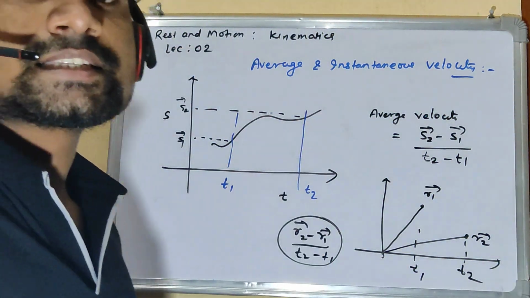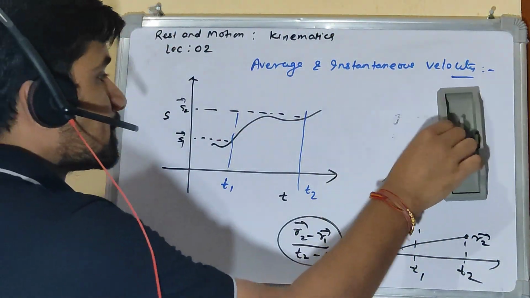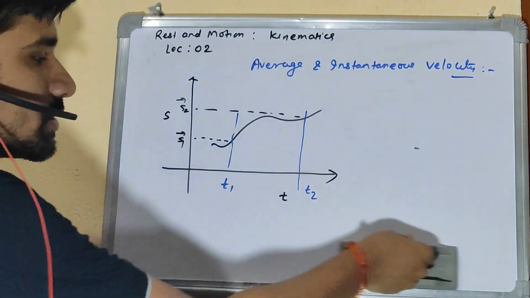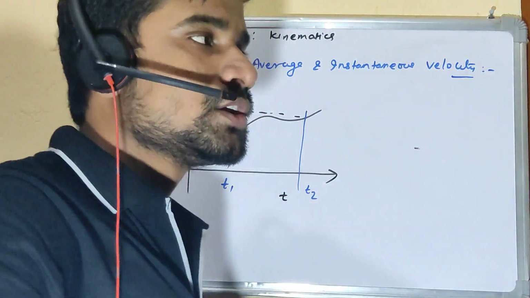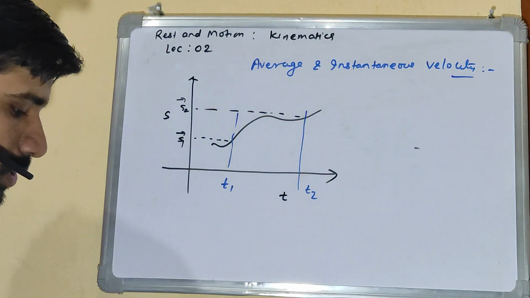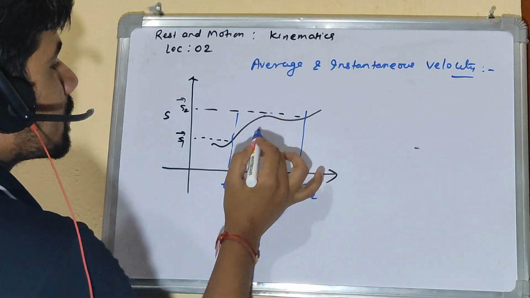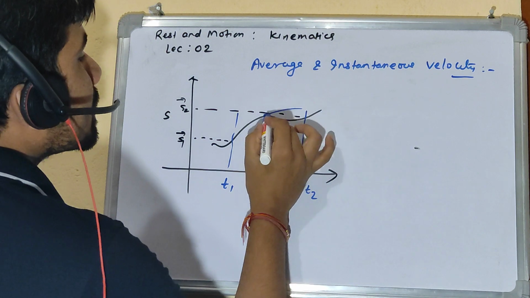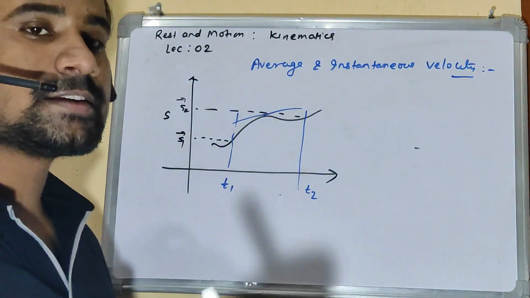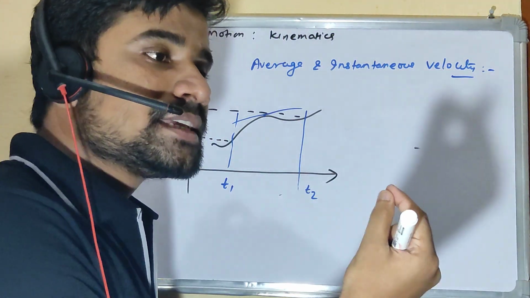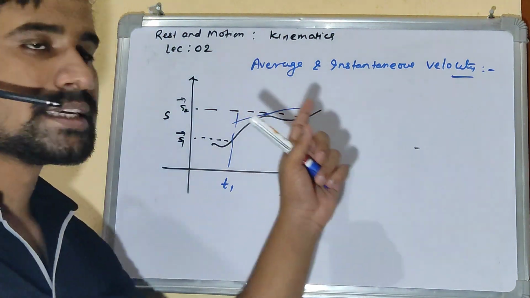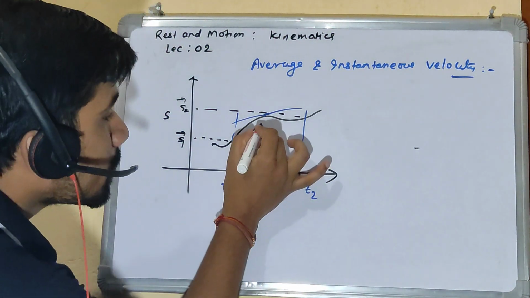Now let's talk about what is instantaneous velocity. Again, to calculate instantaneous velocity, the tool which we have is differentiation, right? Instantaneous velocity gives velocity at a specific point. So let's say if I am calculating at this particular point, we need to draw a tangent at this point and find the slope of that tangent, because the slope of that tangent gives me the minimal change in displacement with respect to minimal change in time, which is basically the instantaneous velocity at this particular instance.